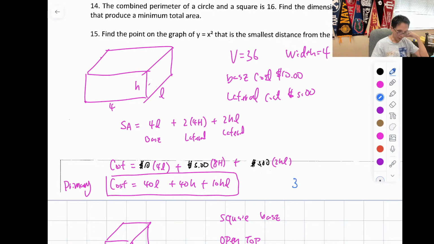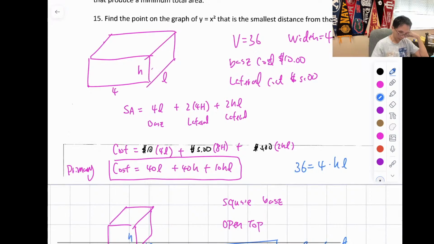Volume, 36, is equal to 4 times HL. Is that okay? So 9 equals HL. Yes, the primary is what we're trying to optimize, but this is the secondary.